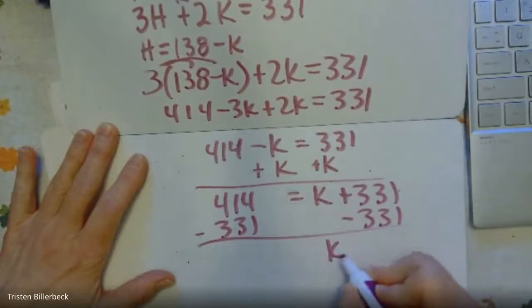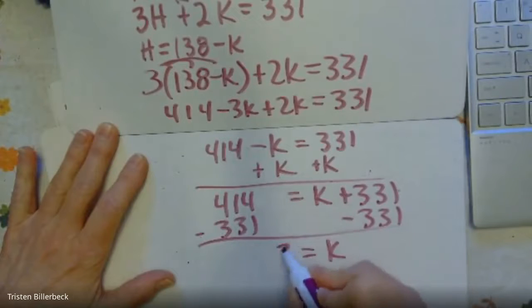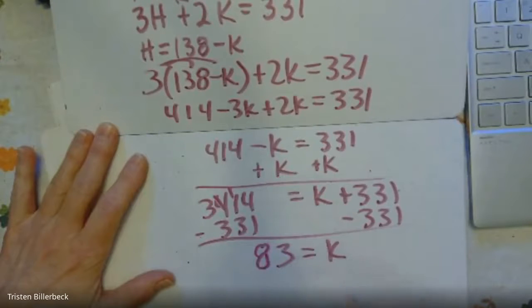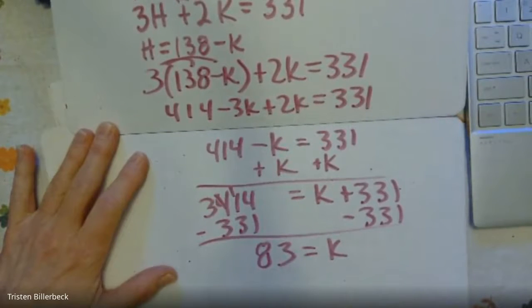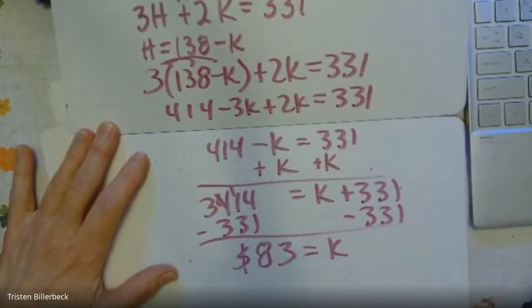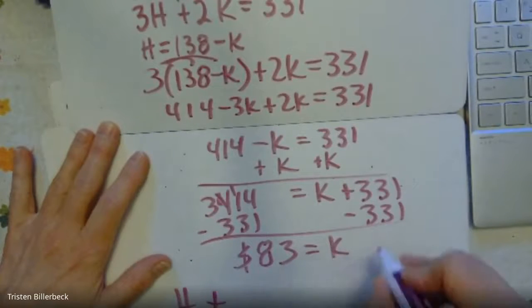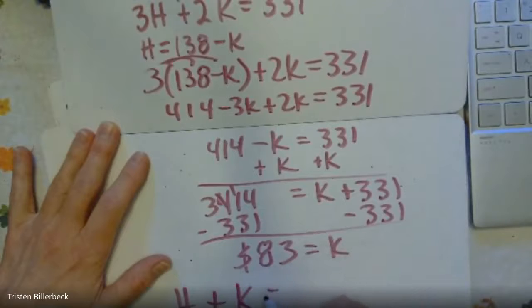And I get K equals, and this is 3, carry that, I get 8. So I have K is $83. So that means my skirt is $83. So I can go back to the original equation, H plus K equals 138.